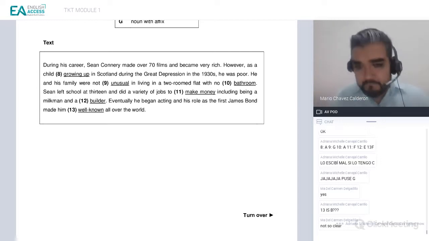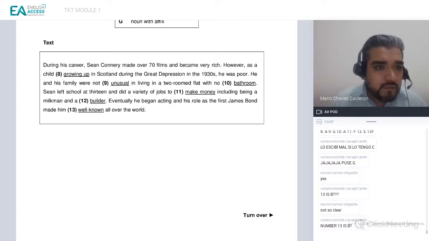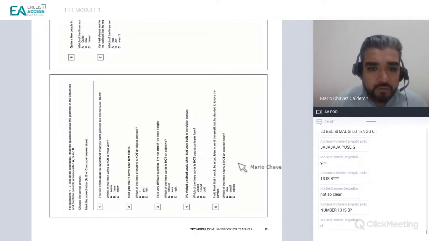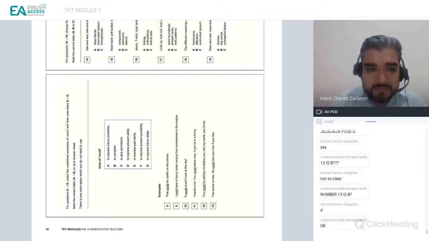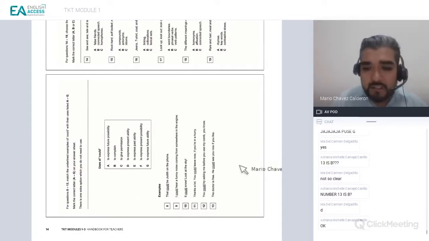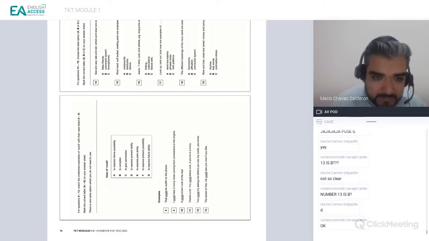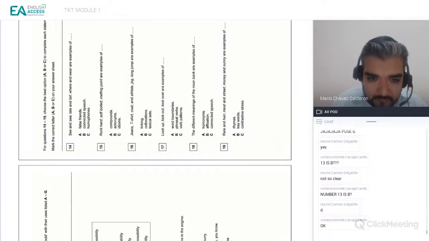Okay, ladies. Well, for homework, I already told you you're going to do number 1, 2, 3, 4, 5, 6, 7, 8, 9, 10, 11, 12 until number 13. Okay? Wait, I guess number 13 is not the Lexis.